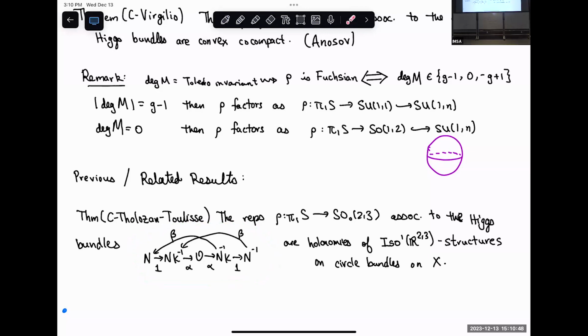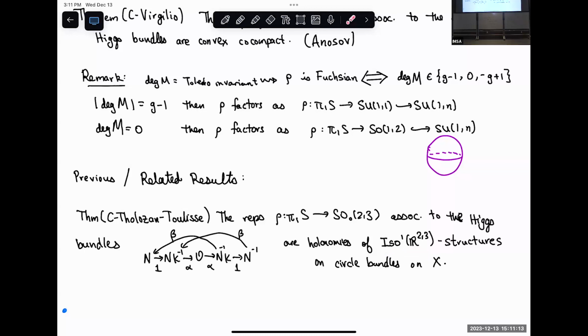So that trick we used to show that these Higgs bundles define representations, which were holonomies of these special geometric structures, worked for this other class of Higgs bundles that looked like this. So we could show that we got some holonomies of isotropic line structures in R23 on circle bundles over my Riemann surface.